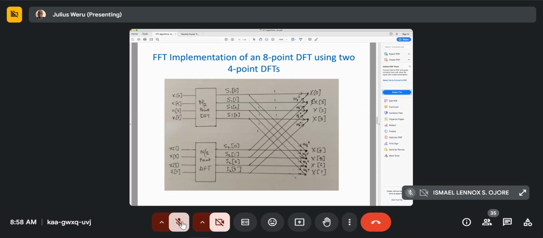By bit reversal, we mean if we represent these numbers 0 to 7 as binary bits, this will be 0, 0, 0. This will be 0, 1, 0.